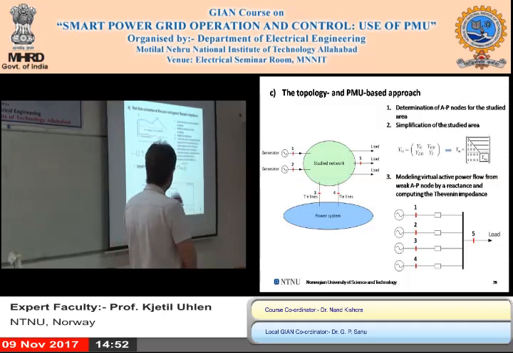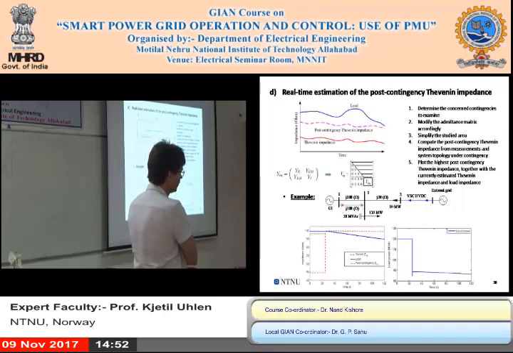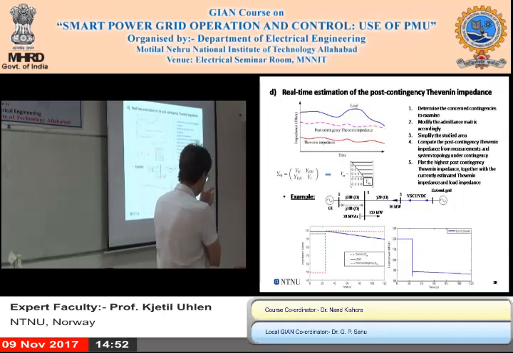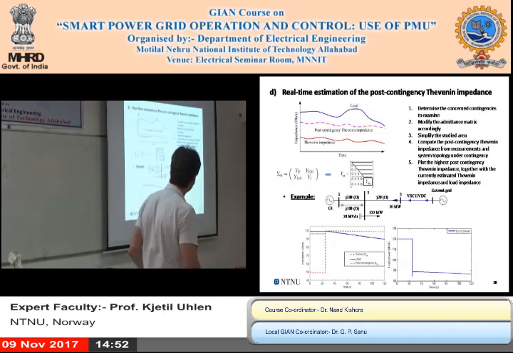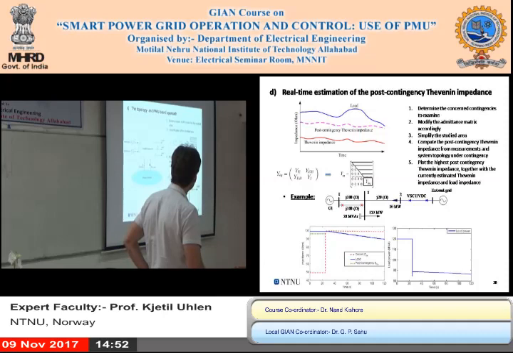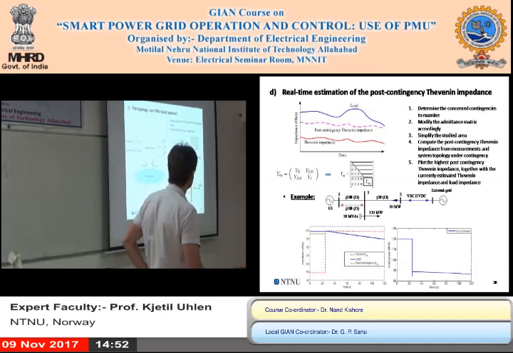And we also, again without going into detail, the strength of this application is that when it's based on the topology, you could always simulate outages or contingencies within this network and come up with different values for your equivalent impedances.